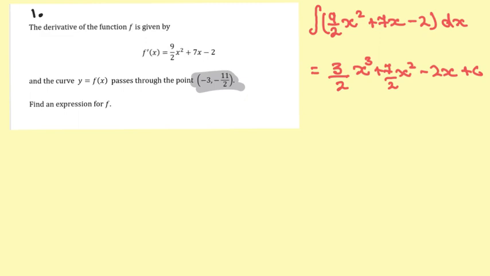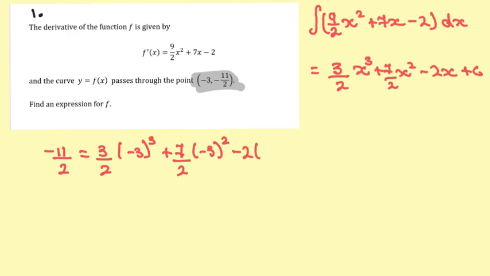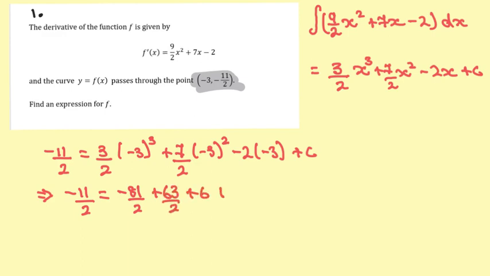And we get minus 11 over 2 is equal to 3 over 2 times minus 3 cubed plus 7 over 2 times minus 3 squared minus 2 times minus 3 plus c. Therefore, minus 11 over 2 is equal to minus 81 over 2 plus 63 over 2 plus 6 plus c.